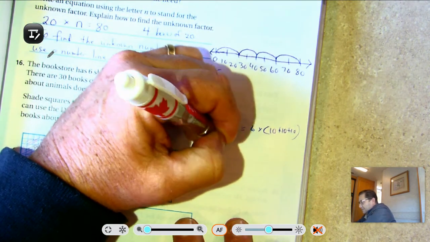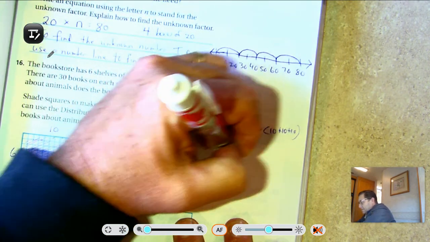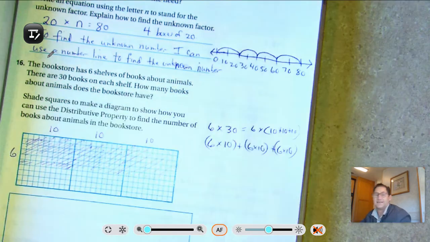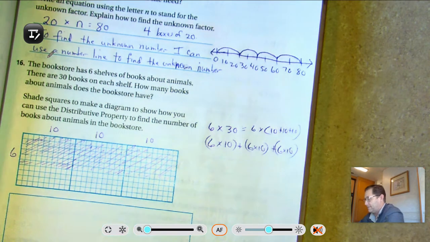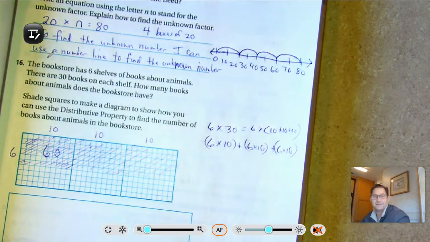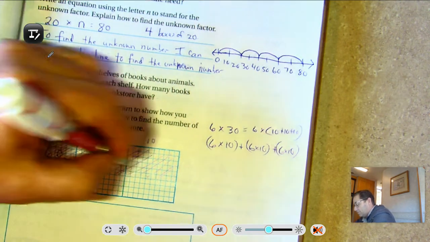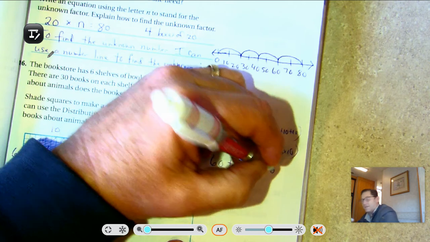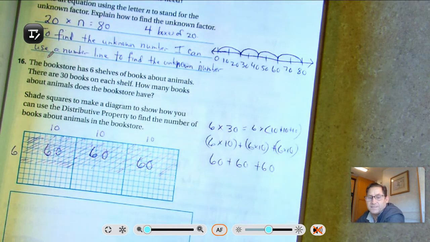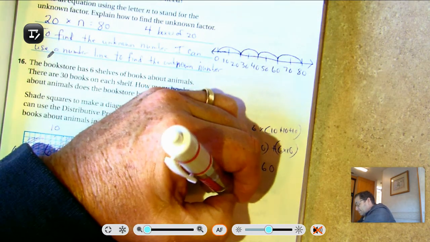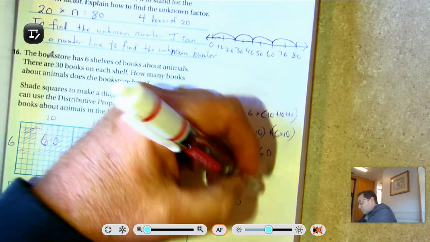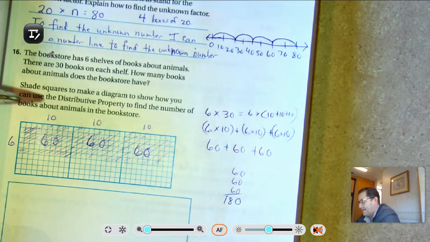So 6 times 10 plus 6 times 10 plus 6 times 10. What is 6 times 10? 6 times 10 is 60. So we have 3 sets of 60. So what is 60 plus 60 plus 60? 6 plus 6 is 12, plus 6 more is 18. So 180.